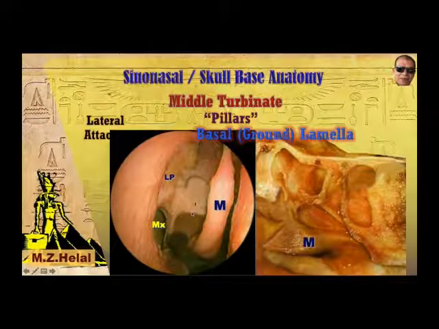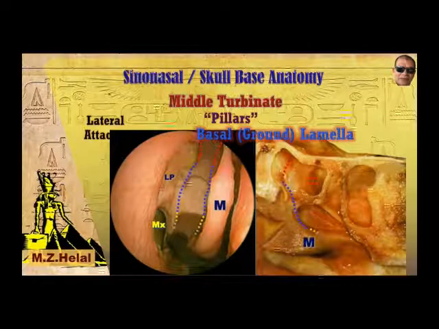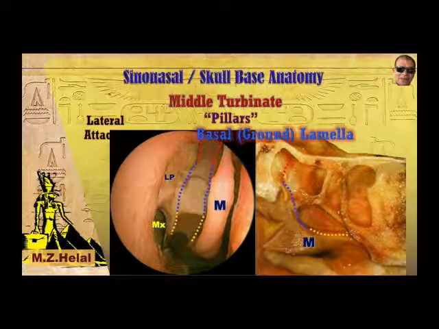This is the oblique part, and here is the horizontal part, or the third part. So the first part is oriented in the coronal plane, the second part is oblique, and the third part is horizontal, ending at the posterior end of the middle turbinate here.